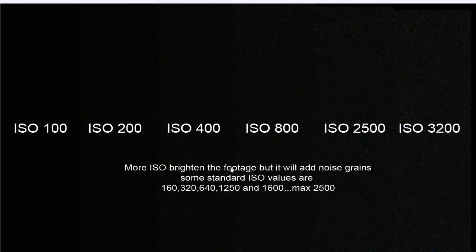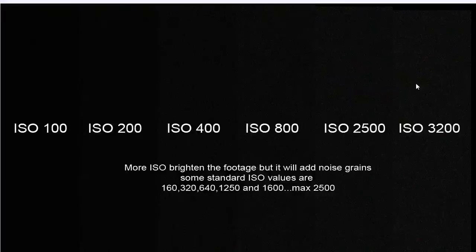Here I have an image showing ISO 100 with very little grain, ISO 200 a bit higher than that, and you can see that up to 3200 you will get grain, and if you go beyond that value you will get more grain. Obviously your image will be brightened, but you will have some grain and noise, which sometimes you don't want in your final footage, and it's really painful when you are compositing those shots.